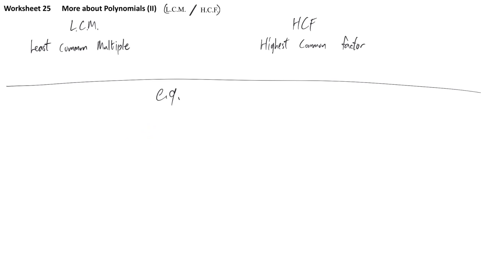We apply the same logic in polynomial or some algebraic expression. For example, 2abc power of 2 and also 3a power of 3b. If there are two expressions and we want to find out the LCM and HCF of these two expressions, then we should write them in a standard format, which is vertically.